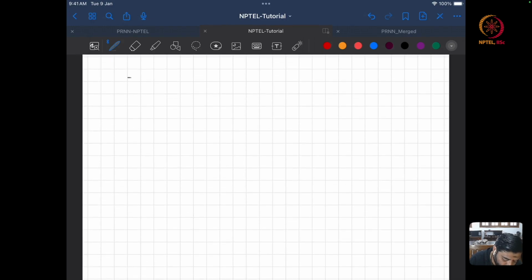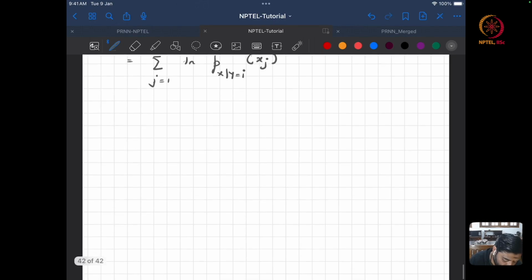Now this will be summation j equals 1 to n ln of p of x given, for any given class, I'm just considering xj.